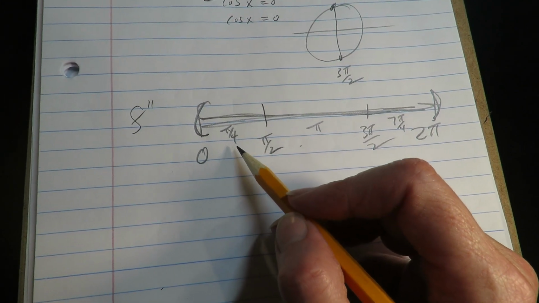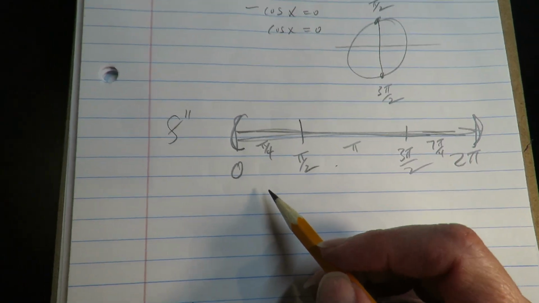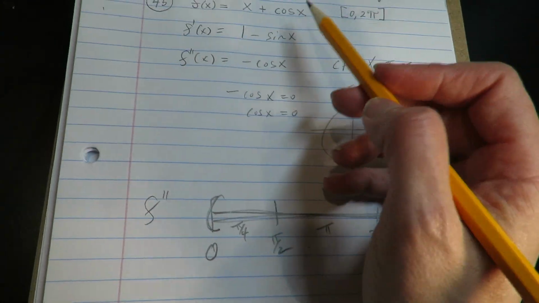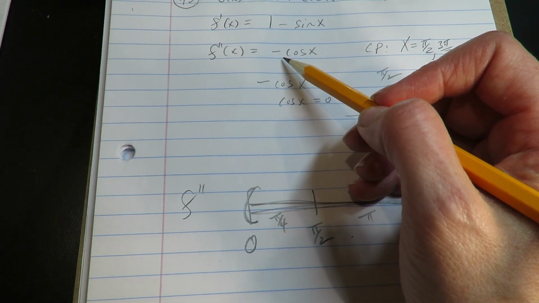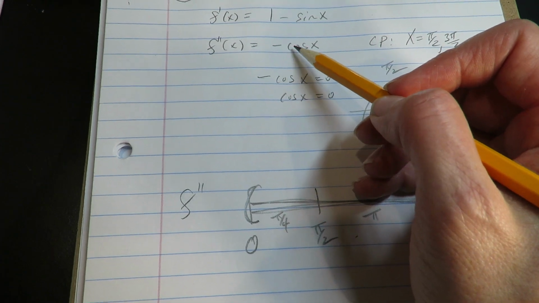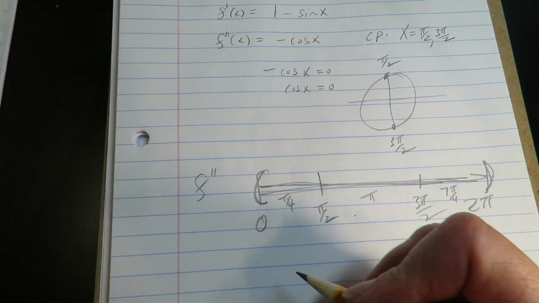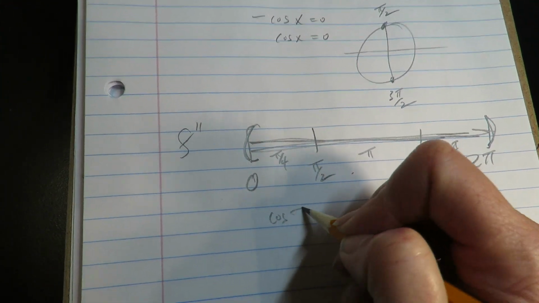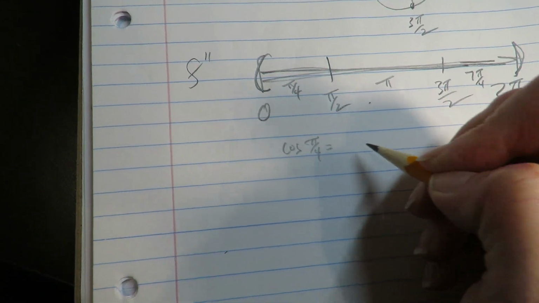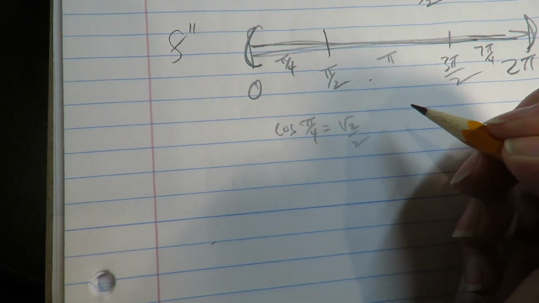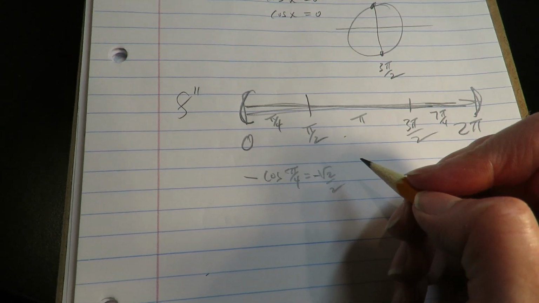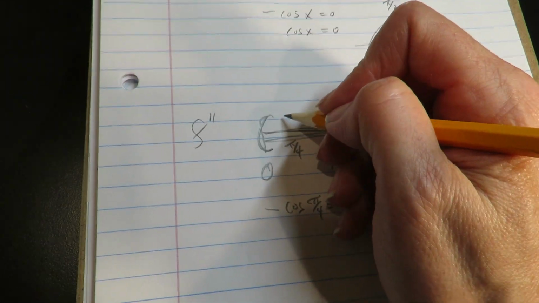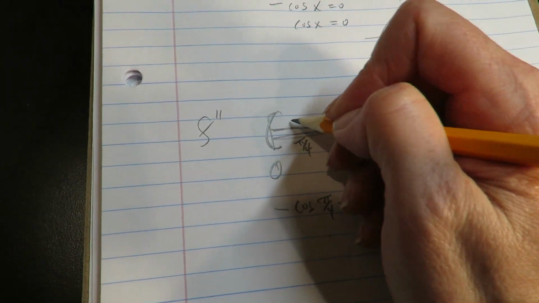Okay, so pi over 4, I'm going to plug that into the second derivative. Now be careful because we've got this default negative, so everything's going to be opposite of what it would usually be. For instance, cosine of pi over 4 is radical 2 over 2, but it's negative cosine of pi over 4, so it's negative radical 2 over 2, so this is going to end up being negative.